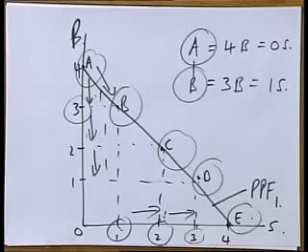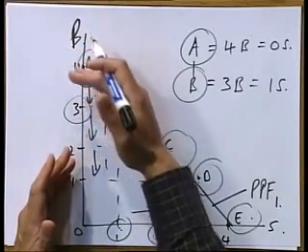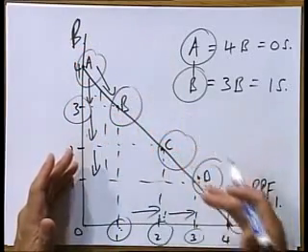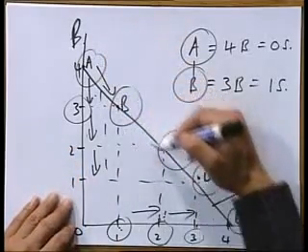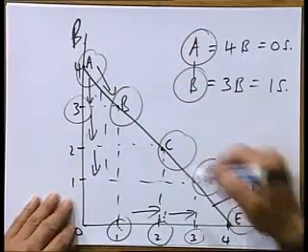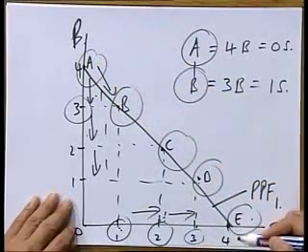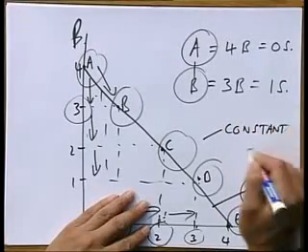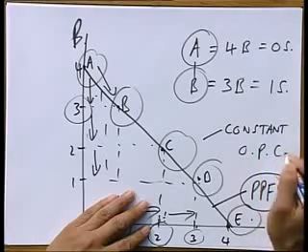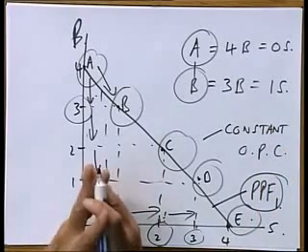So in that case, if the opportunity costs remain constant from moving from A to B, B to C, C to D, or D to E, then the PPF curve will be indicated by a straight line. So a straight line PPF will indicate constant opportunity cost. Okay, so that is the important conclusion drawn from this.